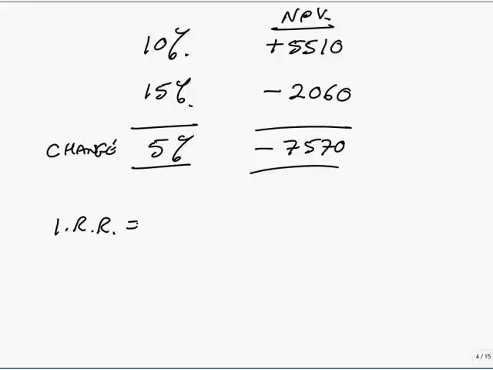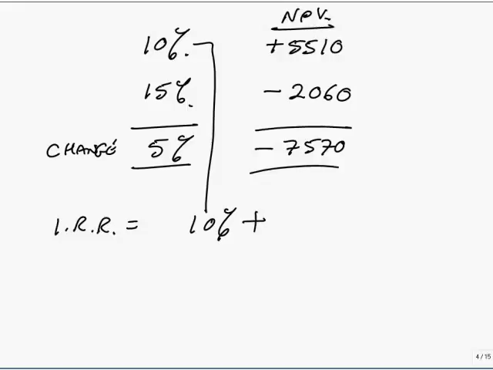The internal rate of return, we knew from the start it was more than 10%. Because 10% was plus, we want 0. It must be more than 10. What I need to know is is it 1% more, is it 2% more, etc. And it's this bit to make sure you've got, and then it is easy.